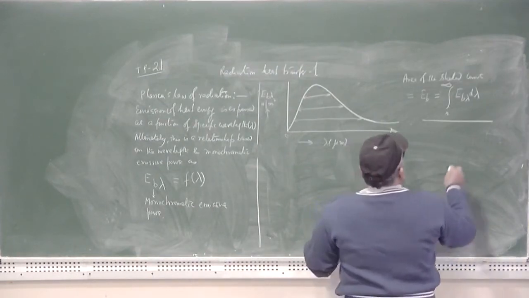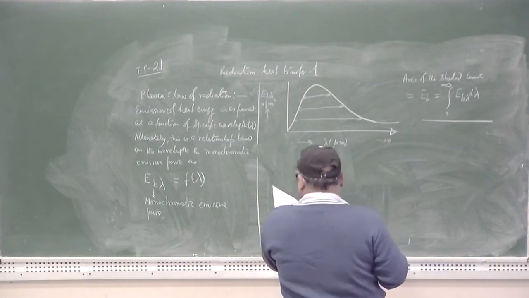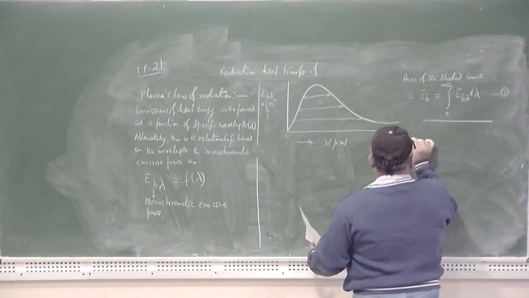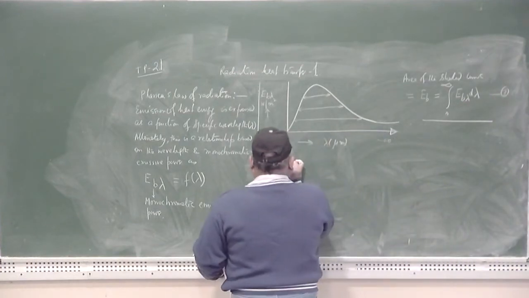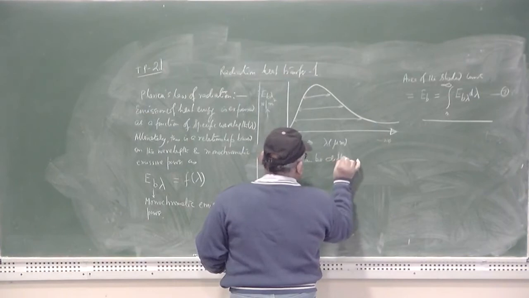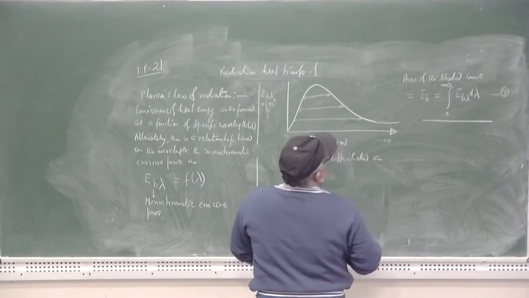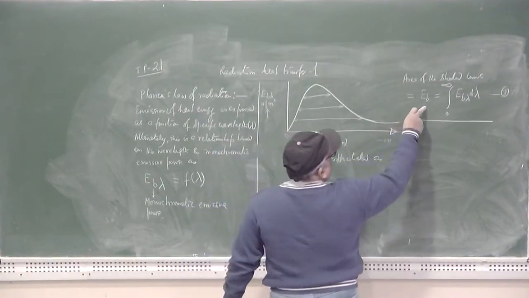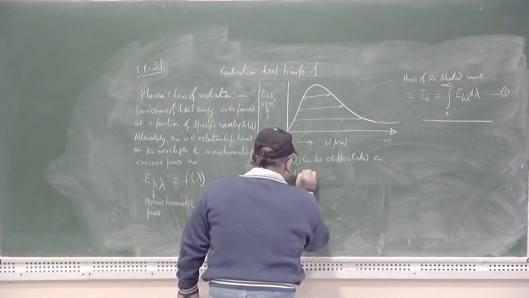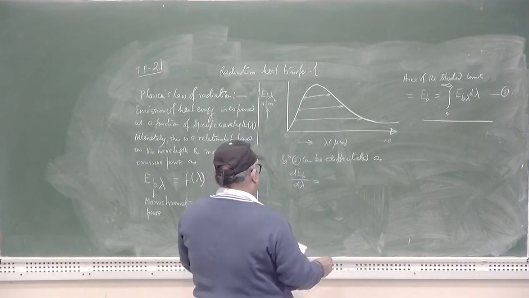Let it be equation number 3. Equation number 3 can be differentiated. If you differentiate this equation number 3, because integration is the reverse process of differentiation, then dEB by d lambda is equal to Eb lambda.